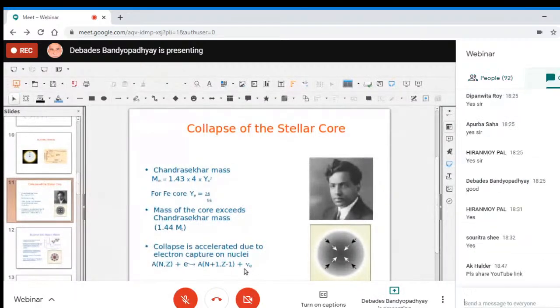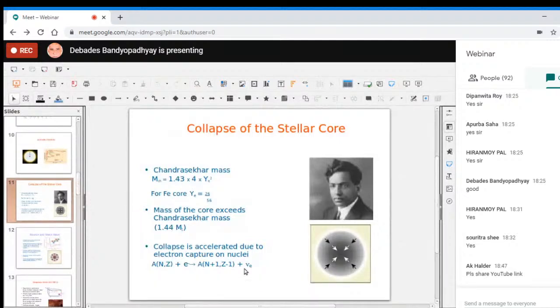Due to this capture, electrons are depleting very fast from the system, and as a result the electron pressure will diminish. So electron pressure is not a viable mechanism to stop the gravitational collapse.